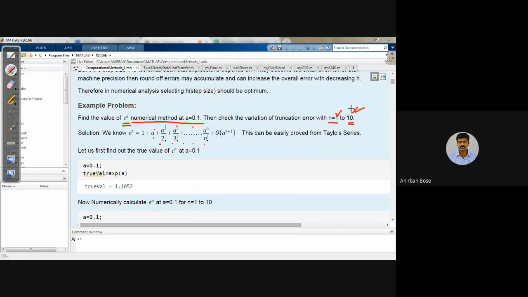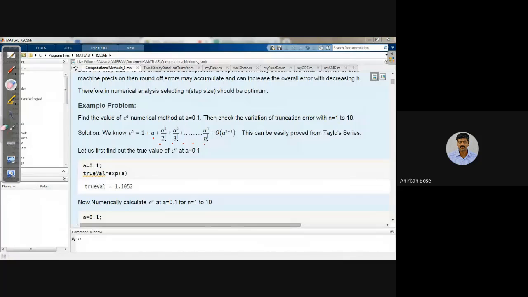So what is the technique to find the truncation error? Let us first find the true value of e to the power a. We know that MATLAB has the function exp. So simply write a is equal to 0.1, that is given in the problem.